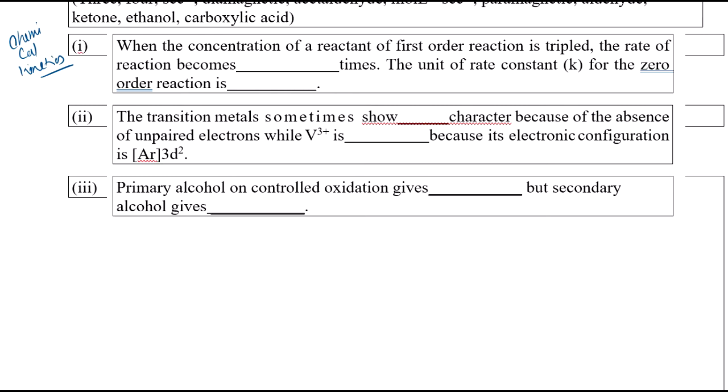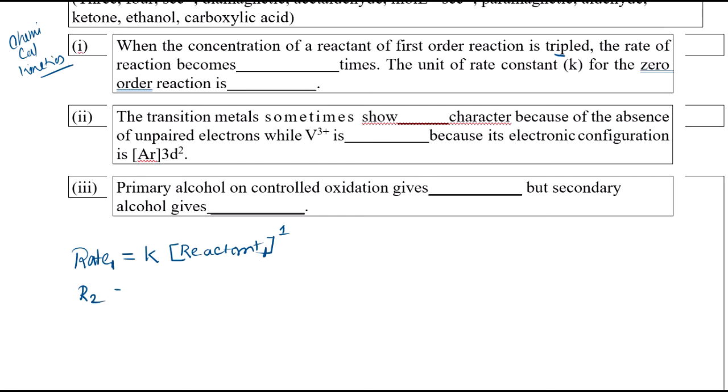For a first order reaction, we can write rate equals rate constant into reactant concentration, with the reactant to the power 1. Here the concentration got tripled, thrice the initial amount. If it was rate 1, it was reactant 1.